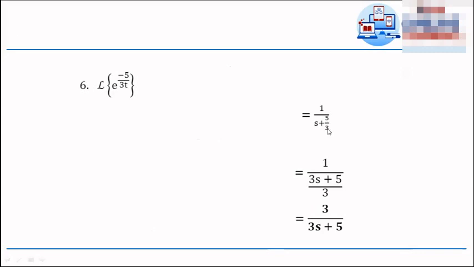So next, we're going to simplify it further. We're going to solve further. Least common denominator of your denominator, s plus 5 all over 3, is equal to 3, divided by 1, multiplied by s, so we have 3s plus 5 all over 3. So by this time, we have division of fractions.